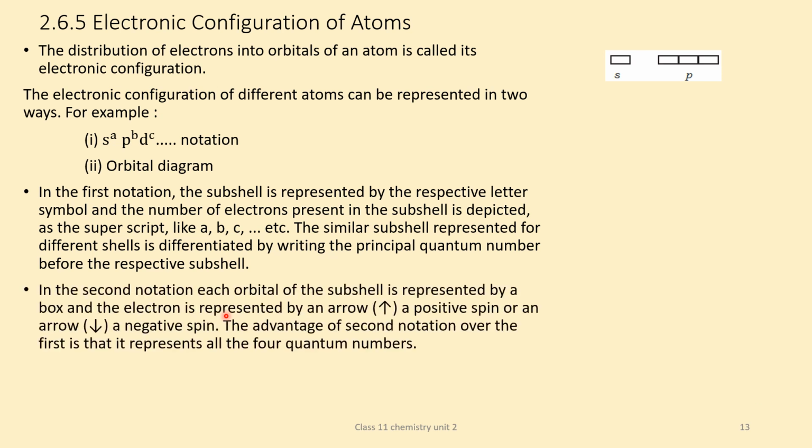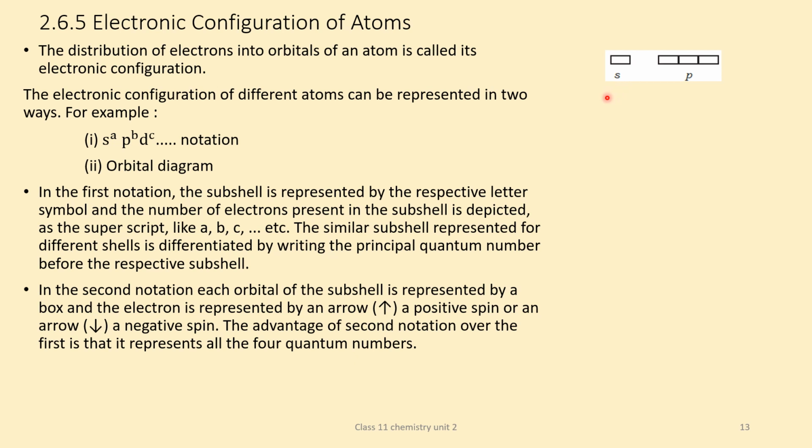In the second case, each orbital of a subshell is represented by a box, as shown on the screen. This box represents the orbital diagram, and the electron is represented by an arrow inside this box.